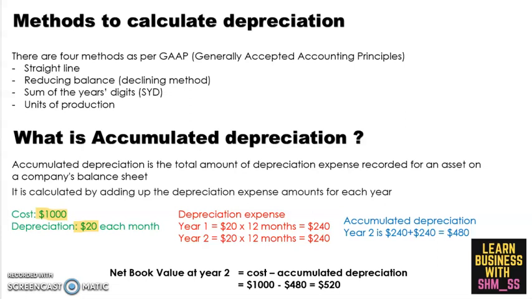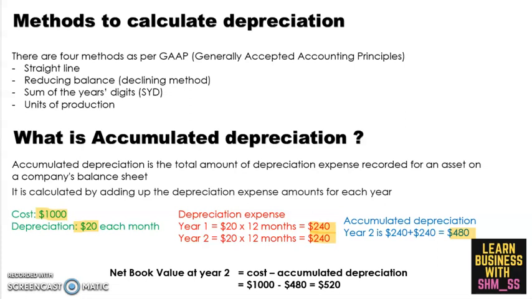So the income statement will have depreciation expenses. Year 1 it will have $240. Year 2 it will have $240, and accumulated depreciation at the end of year 2 will be $480. How has it come? 240 in year 1 and 240 in year 2, totaling 480.